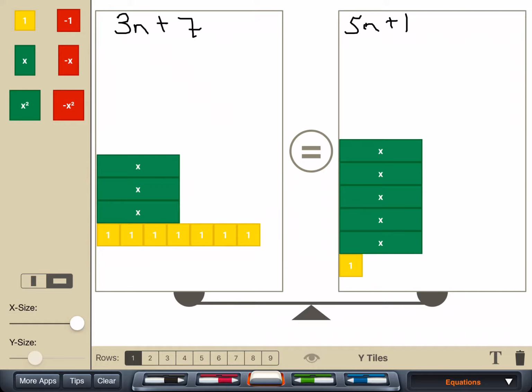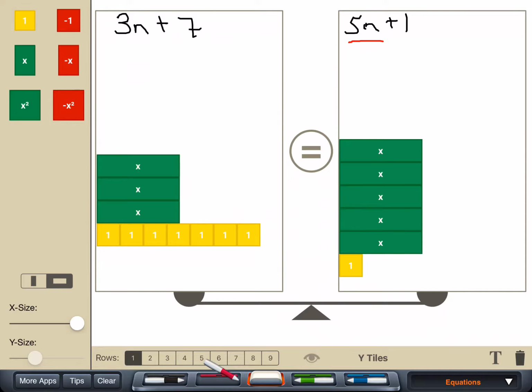Now, I want to end up with n on one side and its value on the other. So looking at my equation and knowing that I'd kind of like to avoid negatives, I'm probably going to end up wanting to keep my n here where 5n is, because it would be easier for me to subtract 3n from 5n.